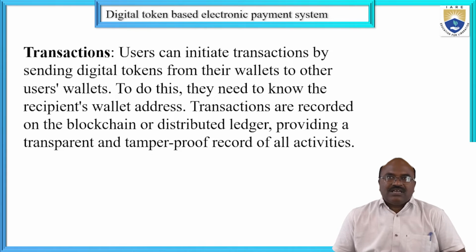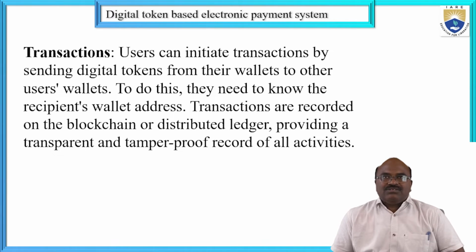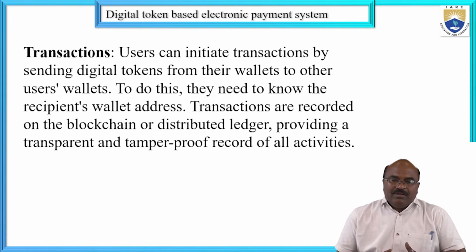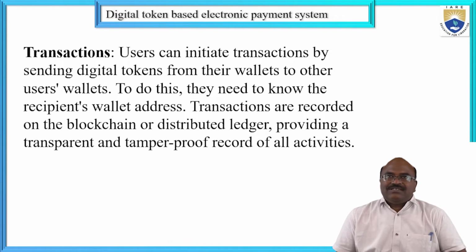The transactions are recorded. How many transactions are transacted from one to another? The legitimate or genuine transactions are to be recorded on the blockchain or distributed ledger. Why? Because legally you can go anywhere and provide the proofs, whether the amount is received or not in e-business or digital.